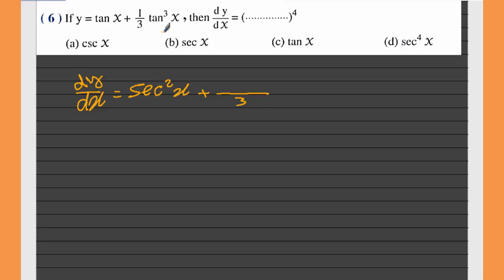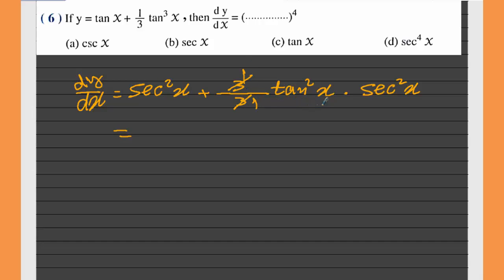The derivative of tan power 3 is 3 tan square x dot the derivative of tan x itself. The derivative of tan is sec square x, of course, the same angle without any change. So here we have sec square plus 3 divided 3 equals 1.